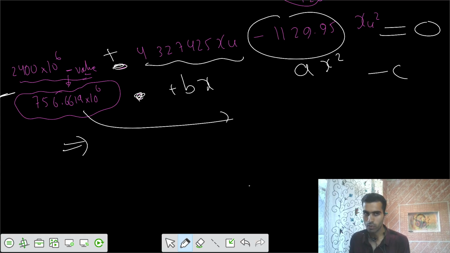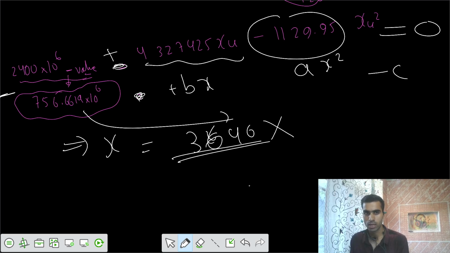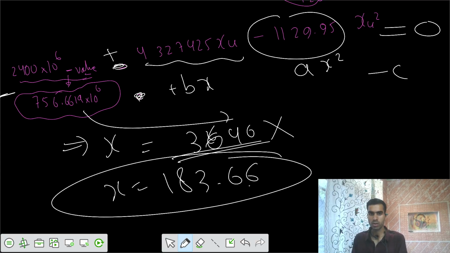Yeah, XU, we got one of the values as 3646. That's not true. And for the second one, we need to check what the X2 value is. We have 183.66. We want to see whether this is true as per the calculations we have in the problem.